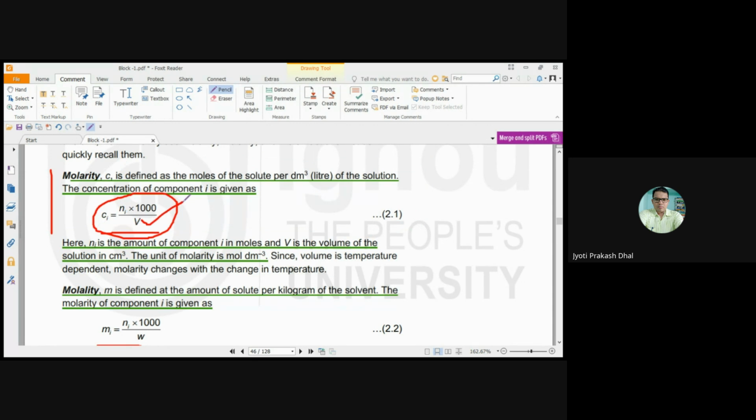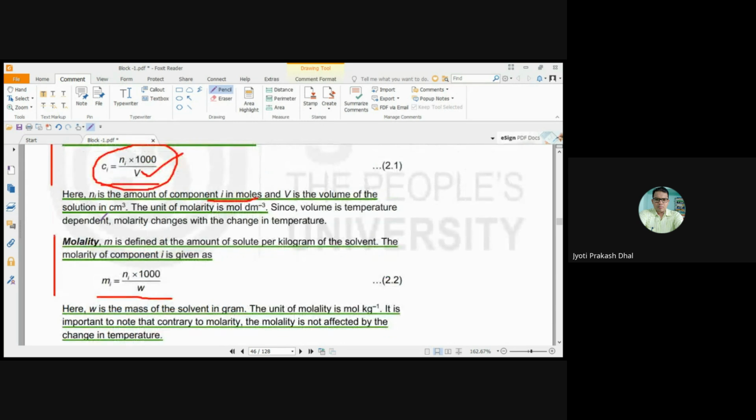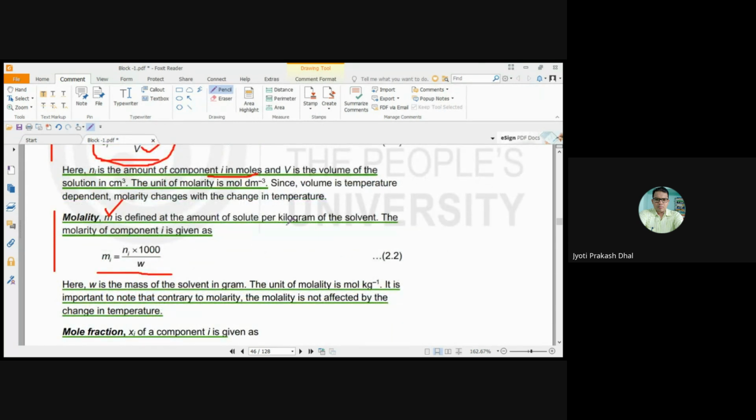If V is considered in liter, the equation becomes N divided by V. Here Ni is the amount of component i in moles, and V is the volume of the solution in cc, centimeter cube, that means ml. But if the volume is considered in liter, the molarity will be Ni divided by V. Similarly, another concentration term is called molality, expressed in small m, and defined as the amount of solute per kilogram of the solvent.